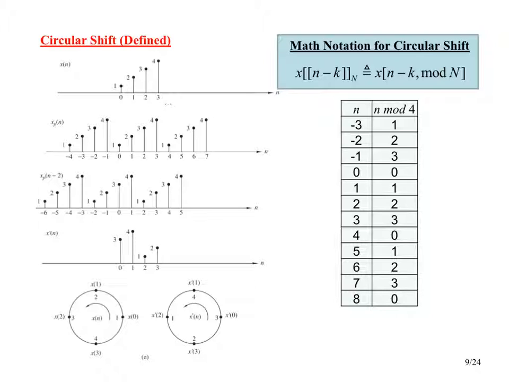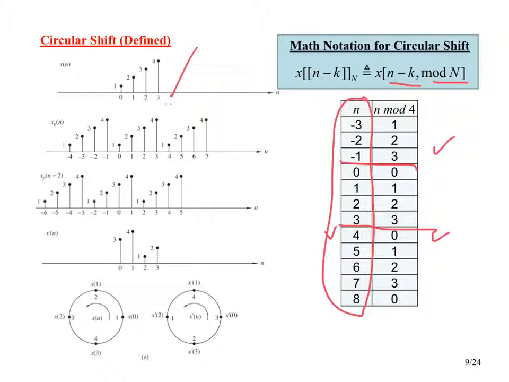So for notational purposes, this circular shift can be written using modular notation. If we rewrite n minus k mod n, that actually does this kind of idea. If we look at our original n in this column, and then look at our mod 4 version of that, we see that nothing happens from here up to there. But then over here, when I get to 4, I would be jumping back to 0.